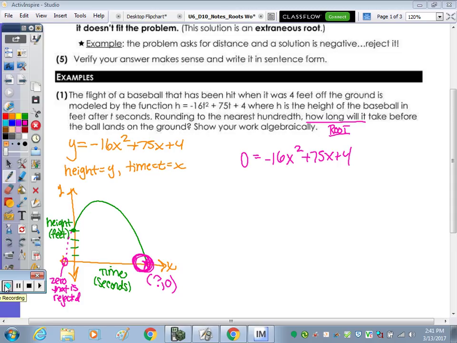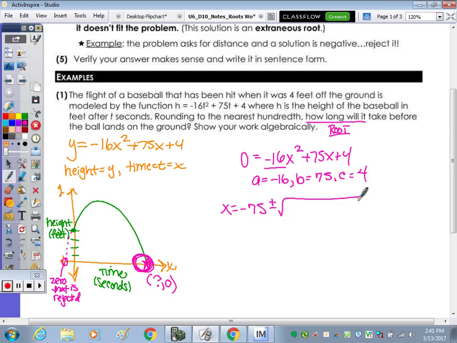So using the quadratic formula as our method, we have an a value of what? Negative 16, a b value of 75, and c value of 4. So x equals negative b, so it's going to be negative 75 plus or minus the square root of 75 squared minus, that's b squared, 4ac, all over 2 times negative 16.